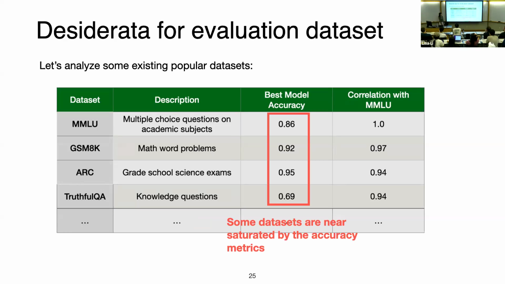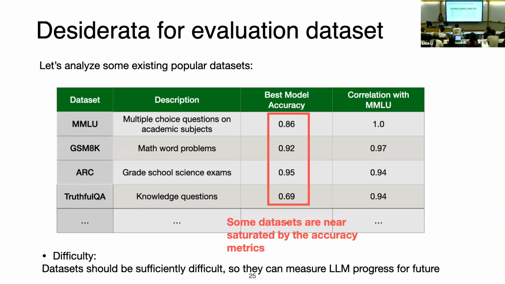Then let's look at the difficulty of these datasets. Specifically, we look at the best model's accuracy on each dataset. We find that some datasets are more challenging, achieving an overall lower accuracy, like TruthfulQA, whereas some other datasets are mostly saturated, like ARC. So this leads to another important desideratum, which is difficulty.